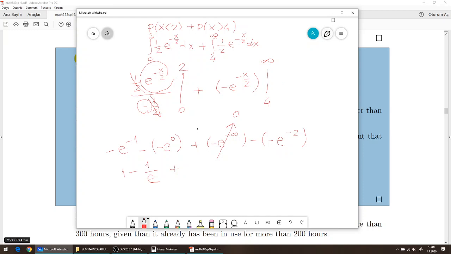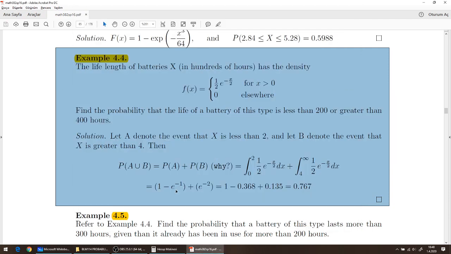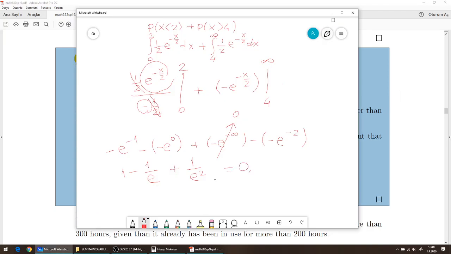So plus e power minus 2, that is 1 over e square. So that it is equal to what? Let's turn back to the solution. Yes, as you see here, 1 minus 1 over e plus 1 over e square. Yes, those are the same. Yes, this is the result for this question.